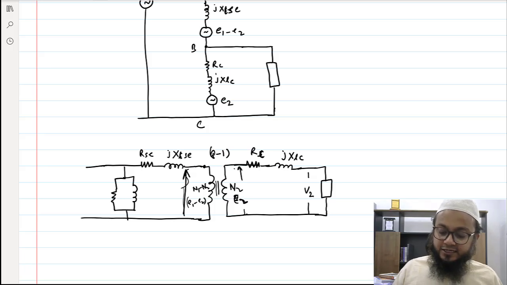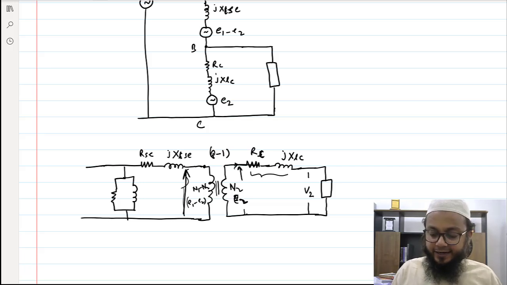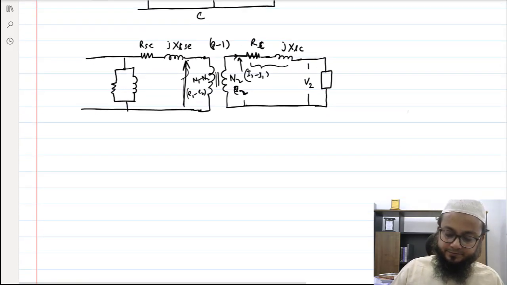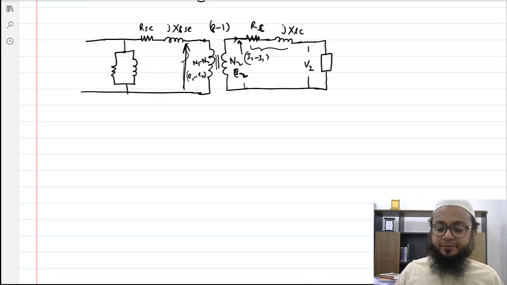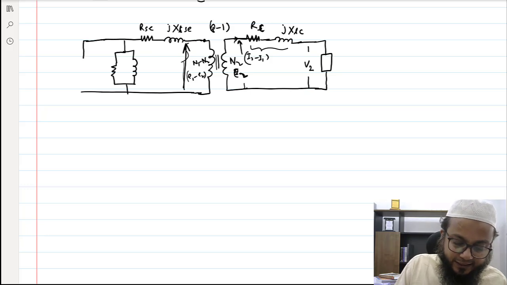So now we can transfer these impedances towards the primary side. And what is the current here? Obviously we have seen before that the current here would be I2 minus I1. So we can transfer these impedances from the secondary side towards the primary side, and the voltage here is actually V1 minus V2.